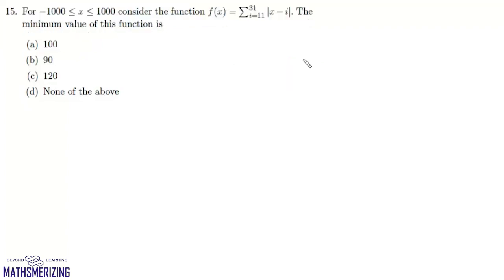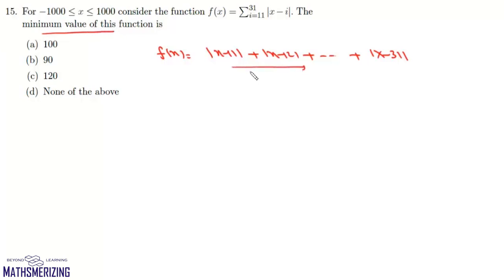Now question number 15 is, we need to consider this function f(x), which is mod of x minus 11 plus x minus 12 up to x minus 31, and we need to find the minimum value of this function. Now this function closely resembles mean deviation, and we know that mean deviation about the median is minimum.